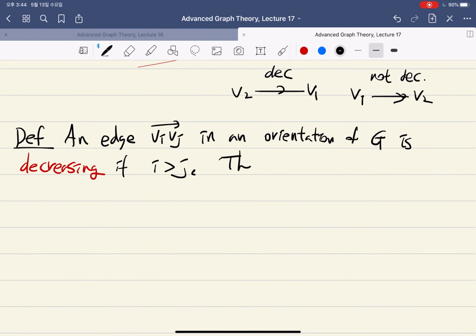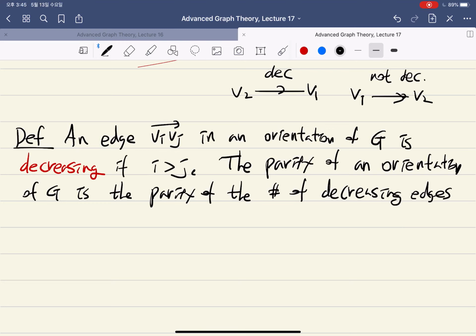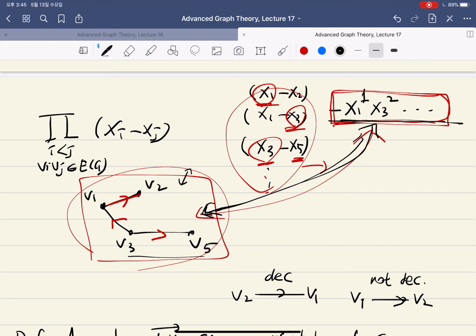Then we say the parity of an orientation of G is the parity of the number of decreasing edges. So the connection between each term and the orientation is clear.